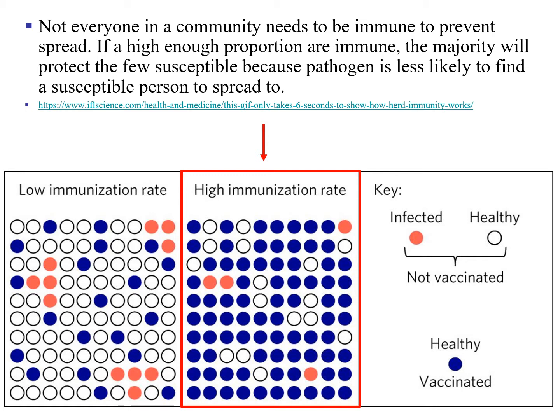Right beside that healthy unvaccinated person is a vaccinated person. So the spread stops there. It can't move any further. So again, if you have the majority of the individuals vaccinated or immune, then it's hard for the virus or pathogen to spread. This is called herd immunity.